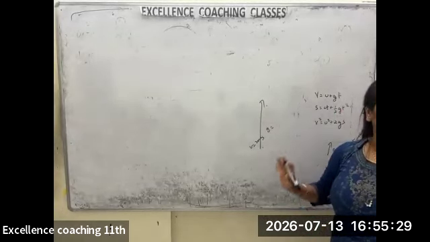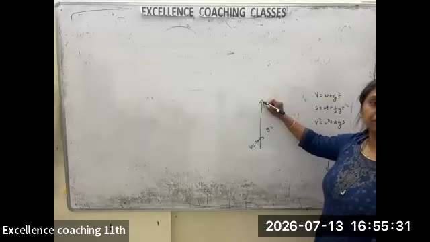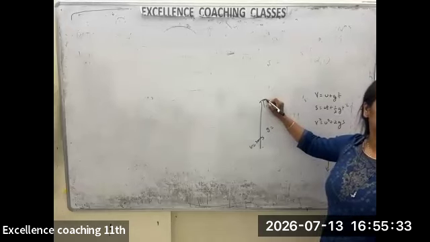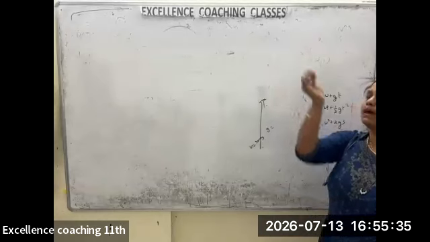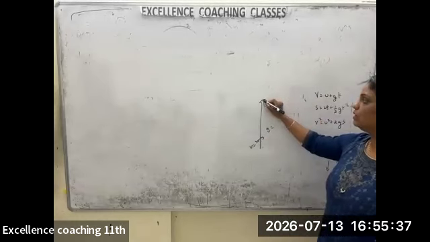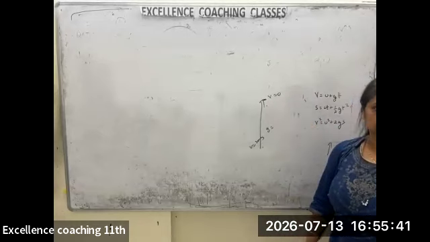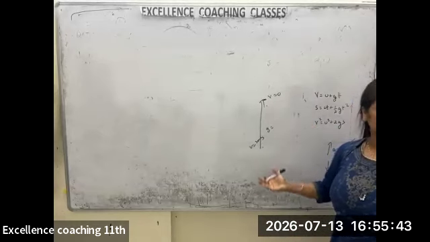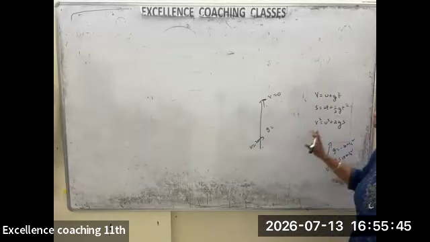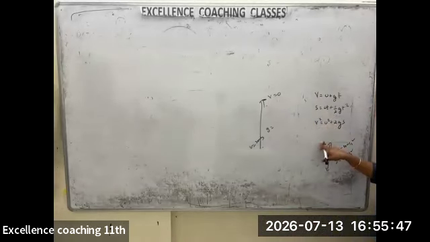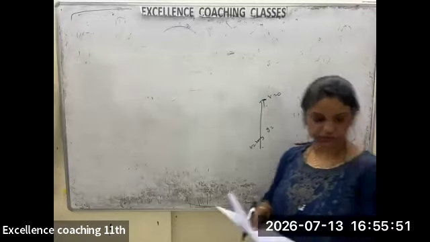You will 100% have it here. One more value: if it is reaching the maximum height, then it is coming down, so the final velocity is 0. Then questions like how much time is taken will be there. Use the H formula. Is that clear?